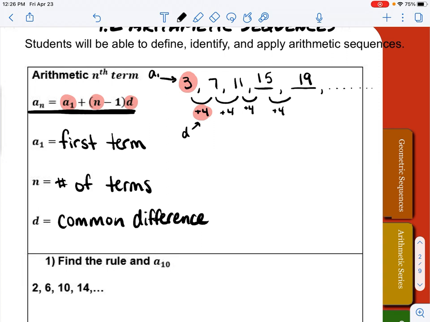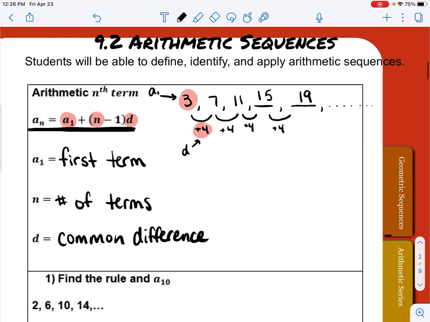All right? So if we use this equation, we're going to find the 5th term. I know we already found the 5th term, but we're going to make sure that this equation works and we understand what's going on, okay? So we're just going to plug in 5 for n. So we know our first term is 3. The nth term that we are trying to find is 5. Minus 1 times the difference is 4.